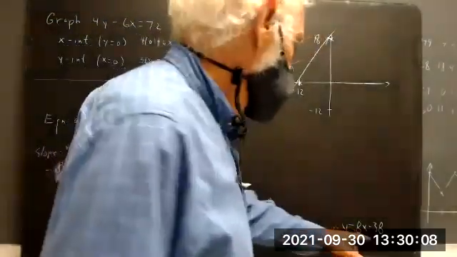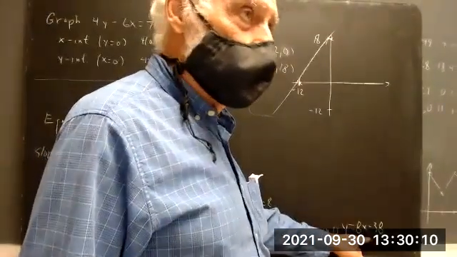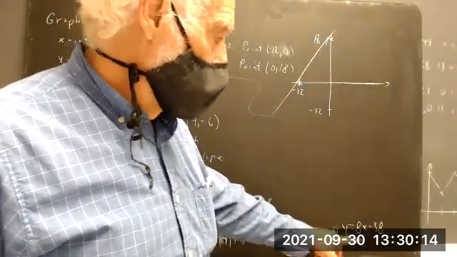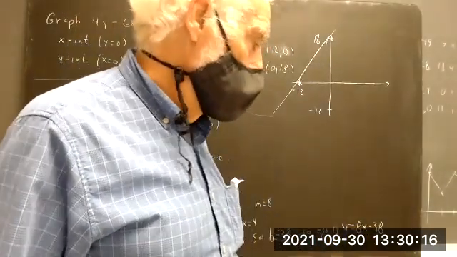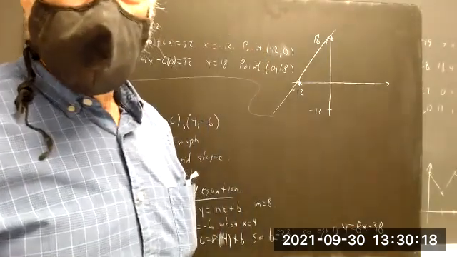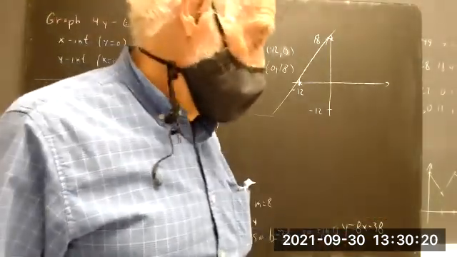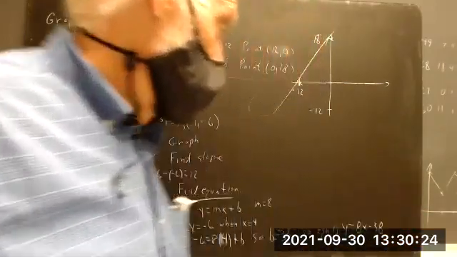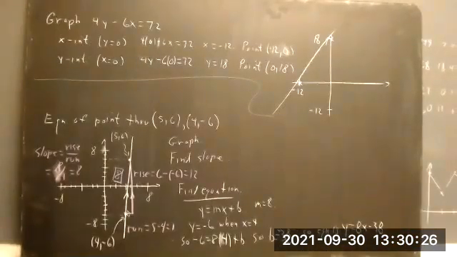What's the x-intercept? Well, the x-intercept occurs when y equals 0. If y is 0, then 8x minus 38 is 0, and to solve that, 8x would equal 38. x would equal 4 3/4.